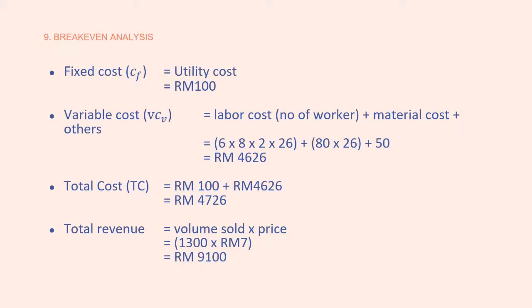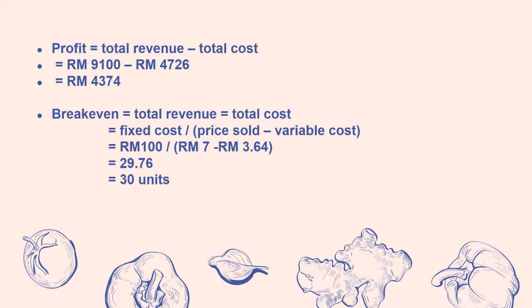For the break-even analysis, we calculate the total cost, which is 4726, and then we calculate the total revenue, which is 9100. From those two totals, we can calculate the profit. So the profit is 4374.